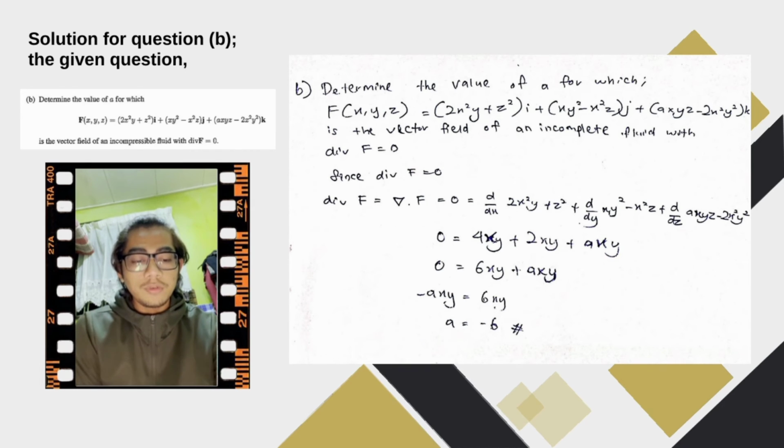Then we move the axy, because a is a constant, to the left, so we get negative axy equals 6xy. So we can cancel the xy, and we must keep the constant positive, so we get a equals minus 6.